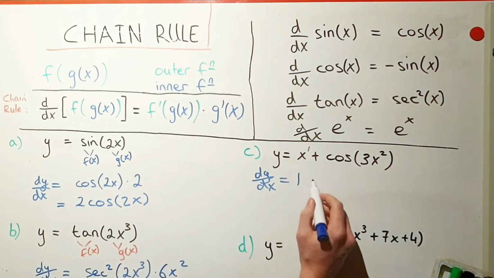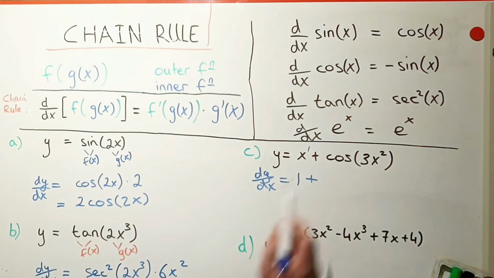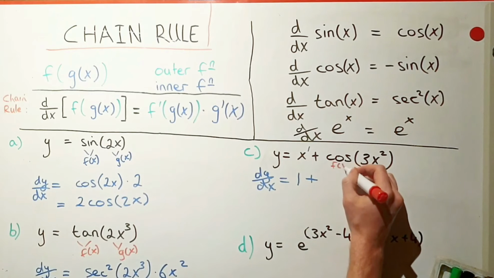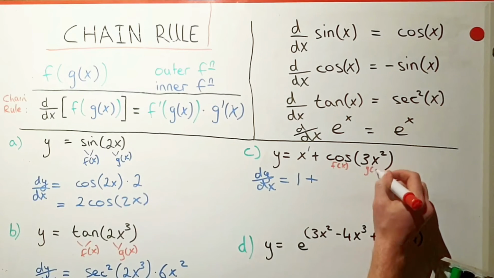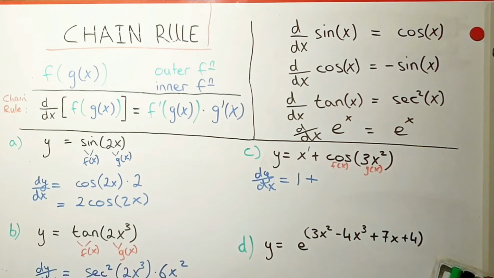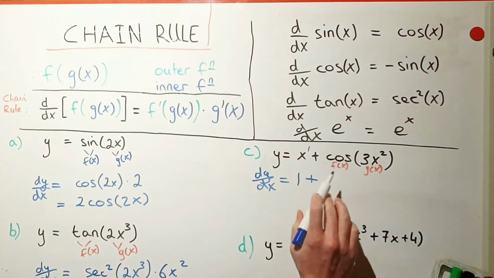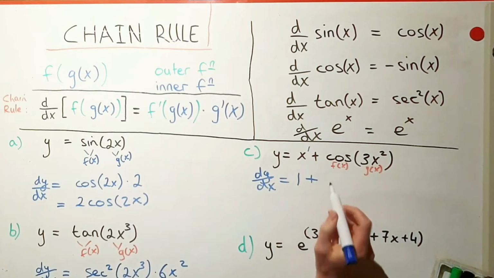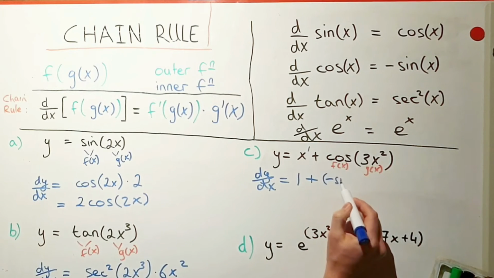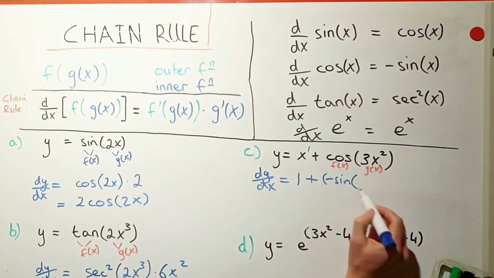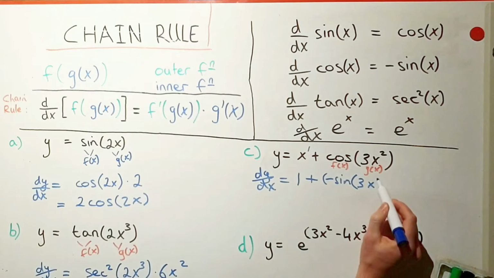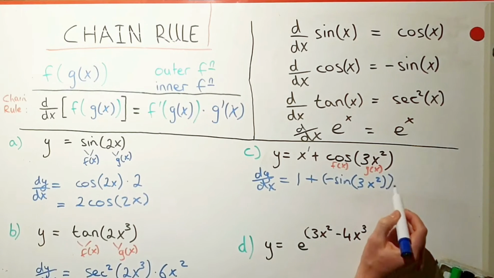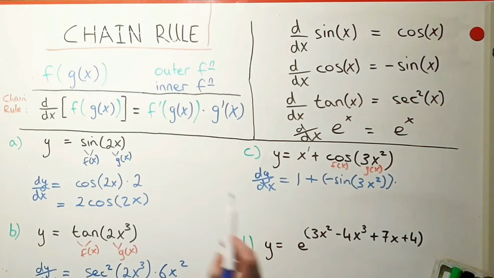Okay, so we have 1 plus, now this is the composite function here, so this is our f of x, and then our g of x, similar to all these other examples. What is cosine differentiated? We can see up at the front that it's minus sine, so that's going to be minus sine, and we're going to keep our g of x as it is, and then that's going to be in product with that g of x differentiated.